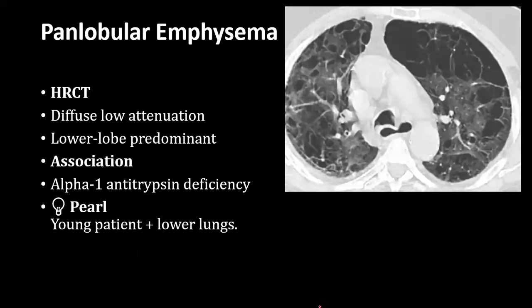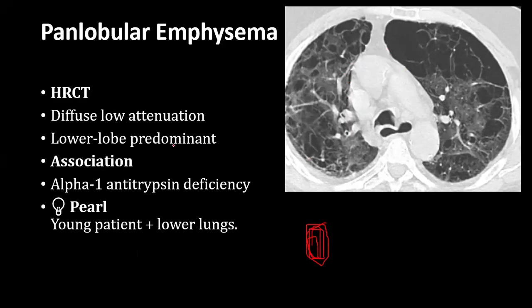Next is panlobular emphysema, in which you will see low attenuation lesions in dilated lung parenchyma. However, this emphysema will not be in the center of the secondary lobular unit. In fact, the whole secondary lobular unit will be involved, so its size will get larger, right?